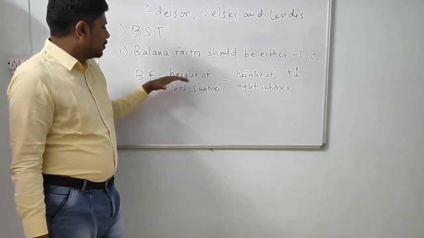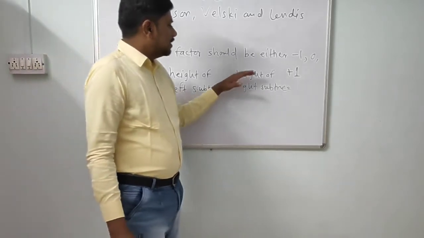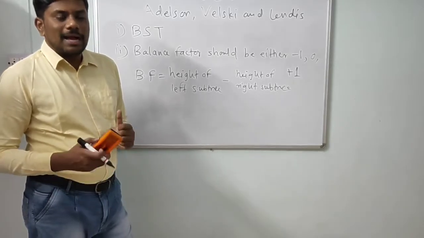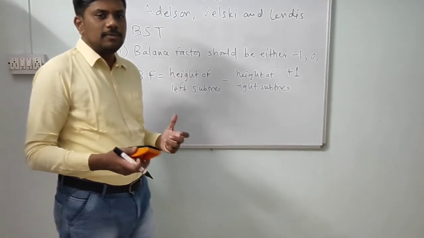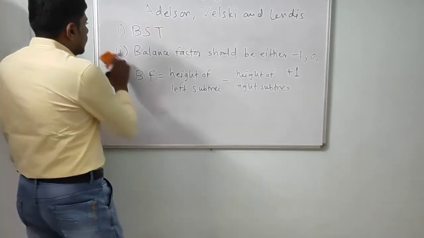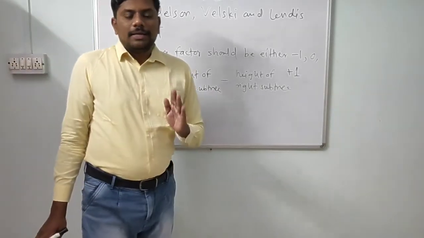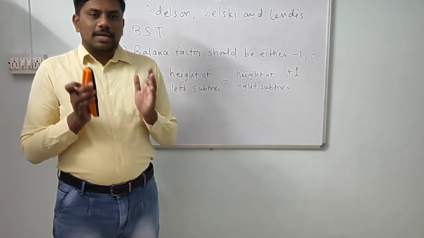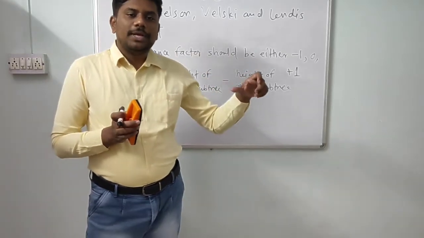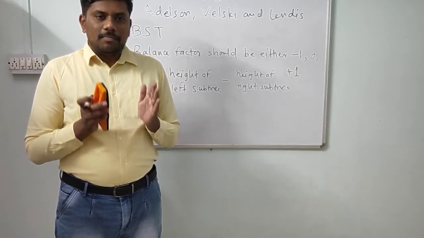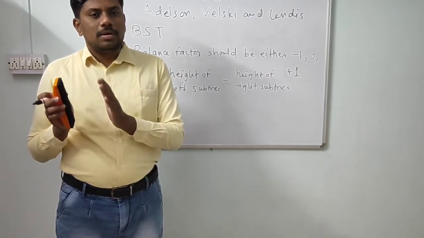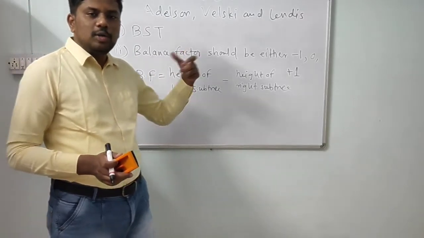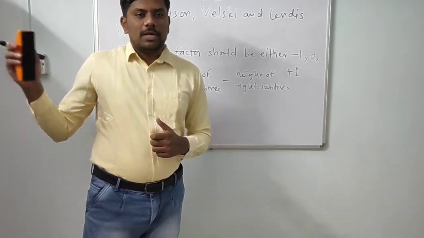You already know what is meant by height of node and height of tree, so we'll see that. So the definition of AVL tree: it must first be a binary search tree, and the second condition, the balance factor of every node in AVL tree should be either -1, 0 or +1. And what is meant by balance factor? Balance factor is equal to height of left subtree minus height of right subtree.